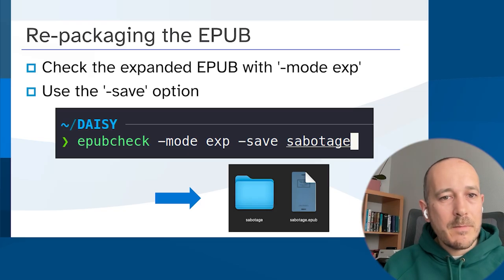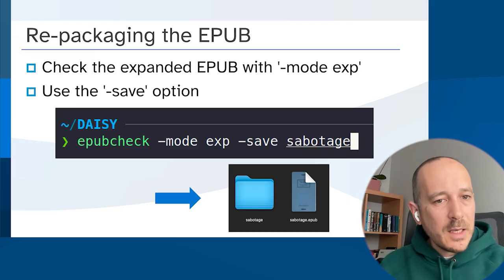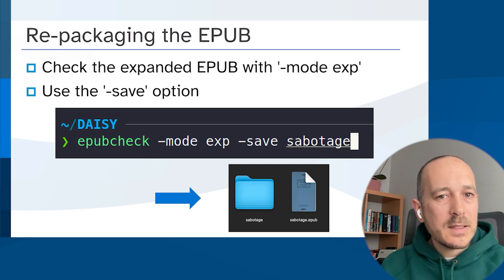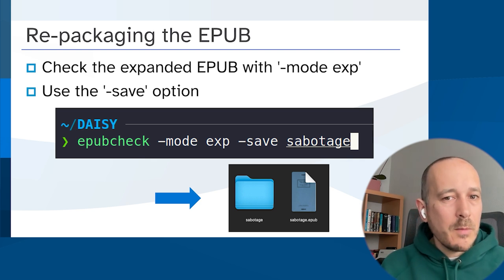For instance, in my working directory where I expanded the sabotage EPUB directory, I can run the command: epubcheck -mode exp -save sabotage. And it will create the file sabotage.epub in the working directory alongside the expanded sabotage directory.